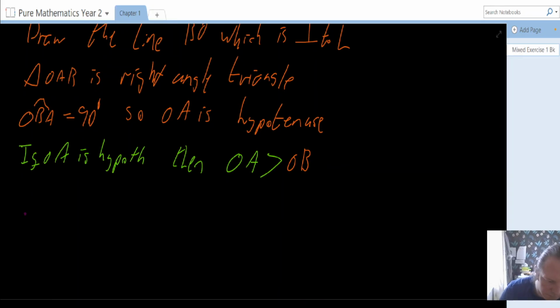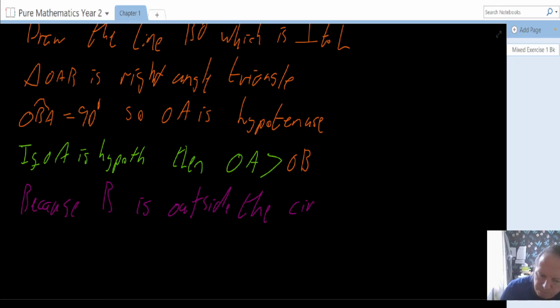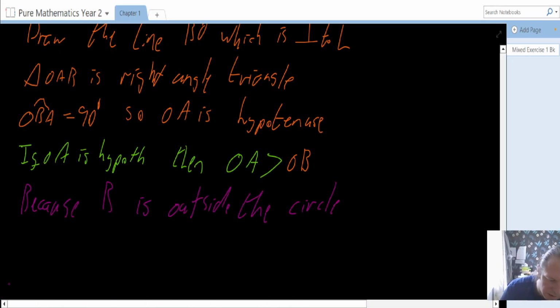Because B is outside the circle, then OA is less than OB, which contradicts the earlier result.